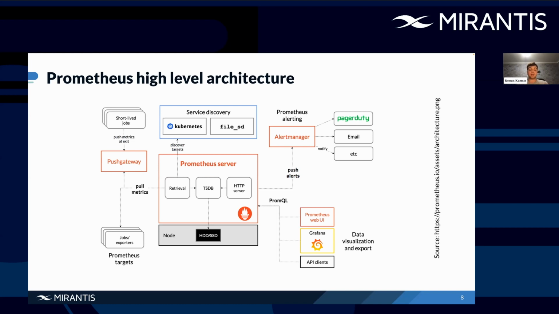All that means, with the pull model, the only thing you need to do on the application side is to expose metrics on some endpoint, as I mentioned before. And the rest, the collecting, processing, storing, etc., all these operations rely on Prometheus. Prometheus internally uses a time series database.